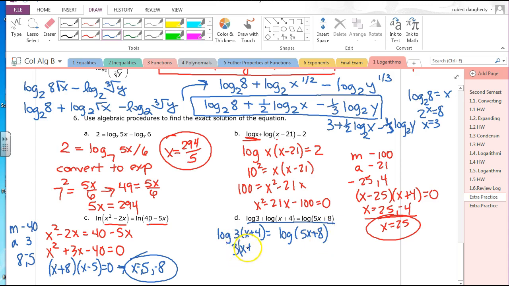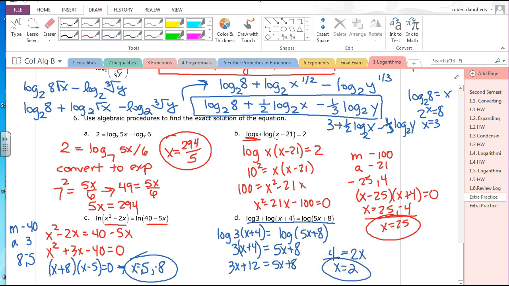So 3x plus 4 has to equal 5x plus 8. 3x plus 12 equals 5x plus 8. And then I'm going to get 2x equal 4. Therefore, x is equal to 2. Final solution for that.